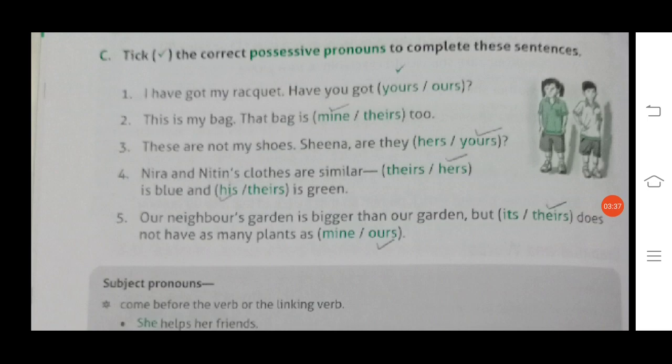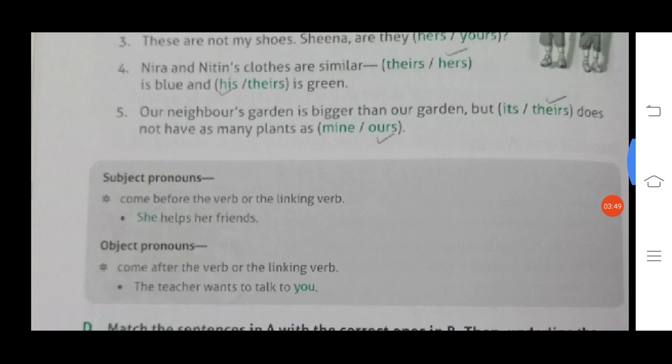Sheena, are they yours? Number 4, Neera and Nitin's clothes are similar. Hers is blue and his is green. Number 5, our neighbor's garden is bigger than our garden, but theirs does not have as many plants as ours.